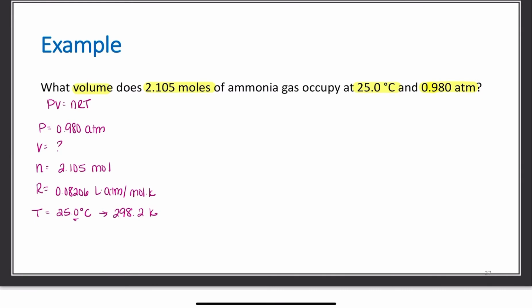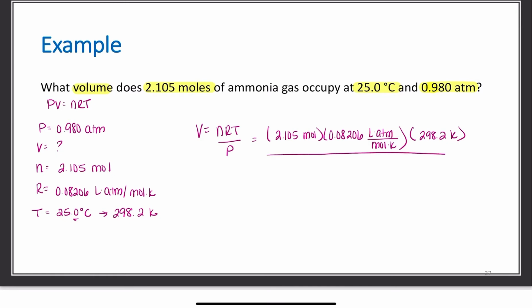Rearrange your ideal gas law to solve for volume. So nRT over P: 2.105 moles times 0.08206 liter atmosphere per mole K times 298.2 Kelvin divided by 0.980 atmospheres.